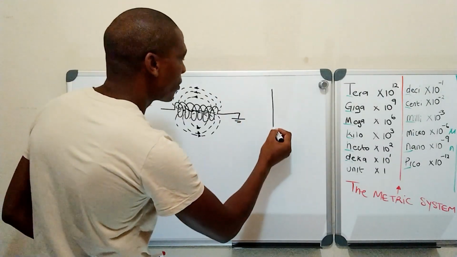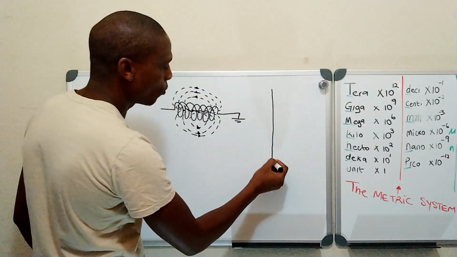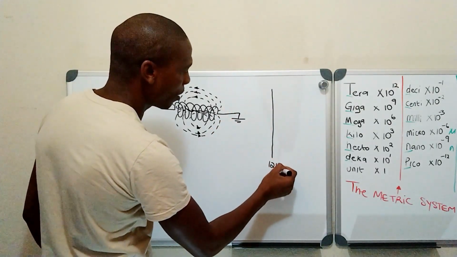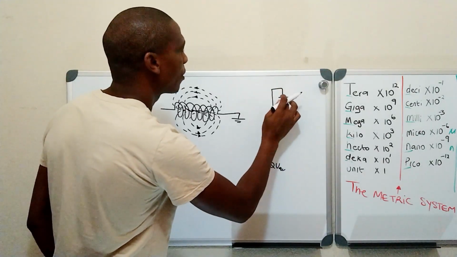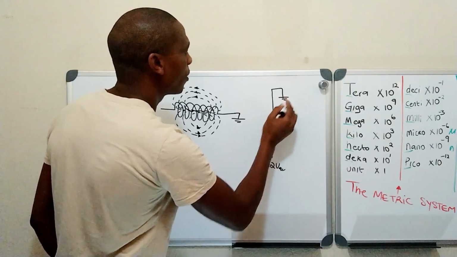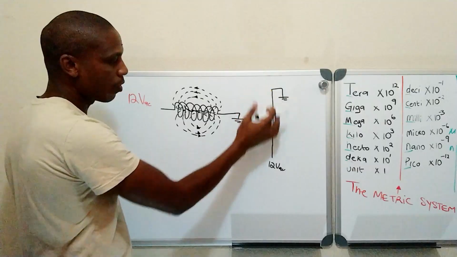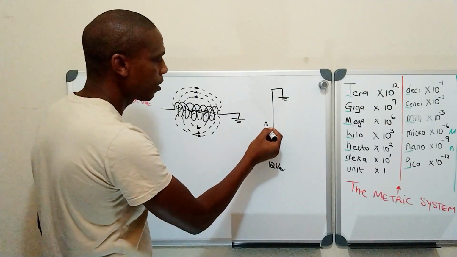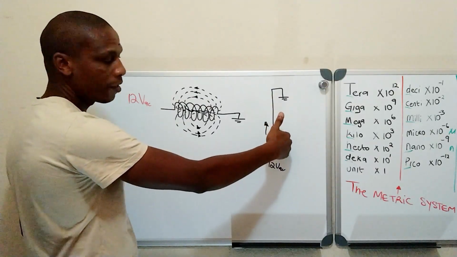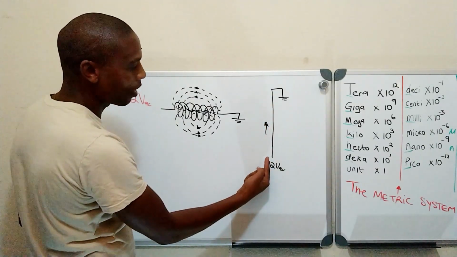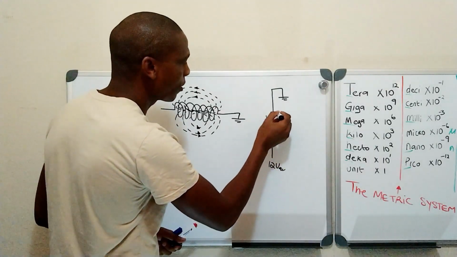In a wire, if you supply it with 12 volt, let's say AC, and here we ground it, the current is running through this wire going up. So the direction of the magnetic field will be in this direction.